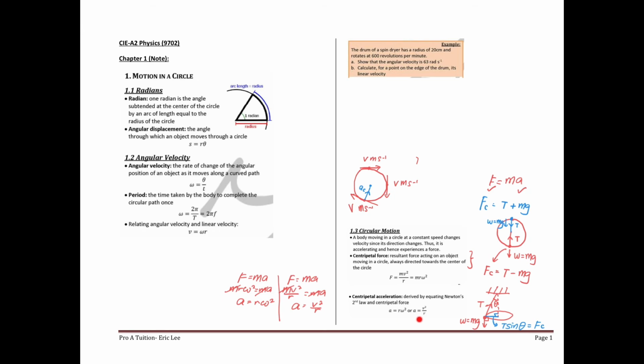So now we have two sets of formulas. The first one is the centripetal force, and the second one is the centripetal acceleration. So let's look at the next page.